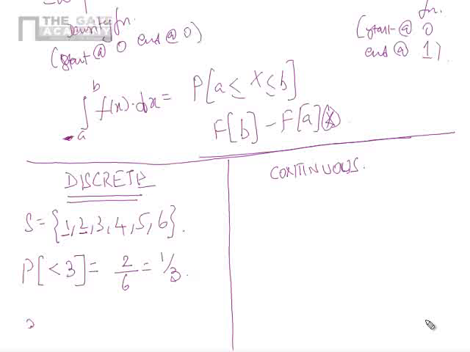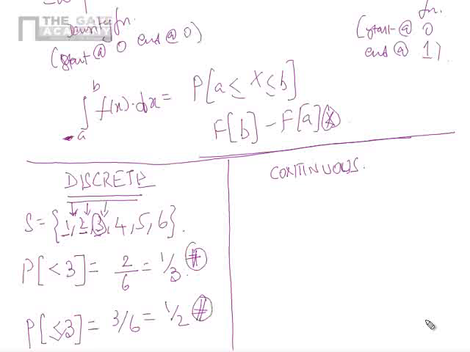Now what is the probability that I get a number less than or equal to 3? I can get 1, I can get 2, I can get 3. Less than 3 means 3 is not considered, whereas less than or equal to 3 means 3 is considered. So here I will get 3 by 6, totally 3 events favoring out of the total 6 outcomes, so the probability is 1 by 2.